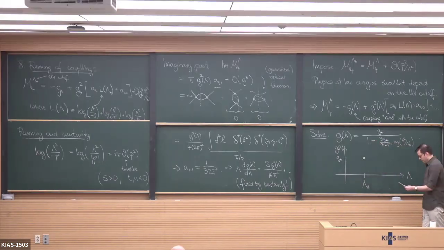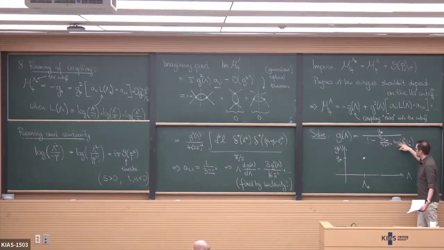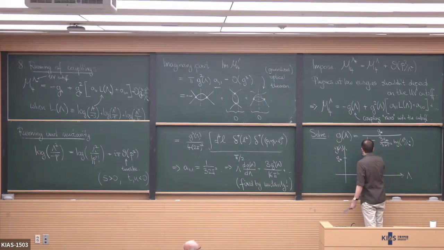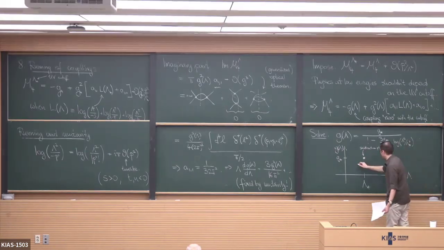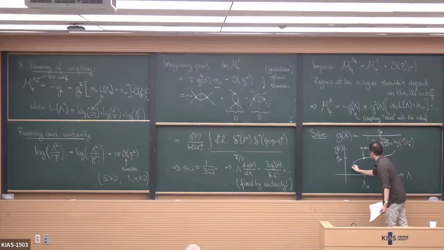And then from there, you see if you plug in lambda equal to lambda star, this just becomes log of 1, so this disappears, and we have g star. This is the subtraction point. And then from there, there's some evolution that is governed by this equation, which may look something like this.